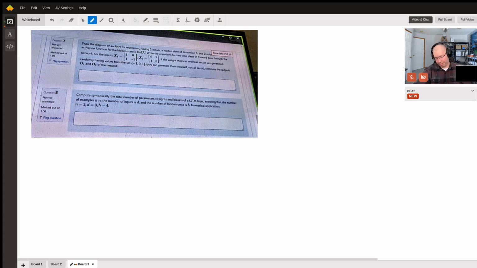If you use one software framework, sometimes people talk about things differently than in other frameworks. I think what they're saying is the number of input units is D. The thing I'm not sure about is they're saying the number of examples. Usually you use examples to talk about the size of the input data.